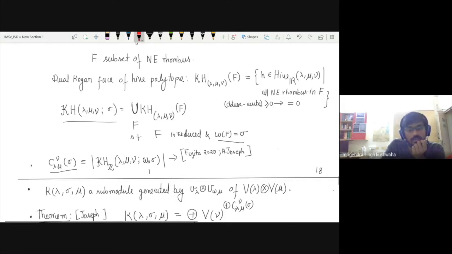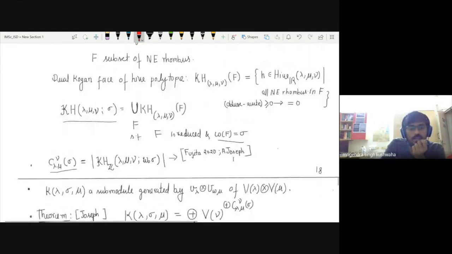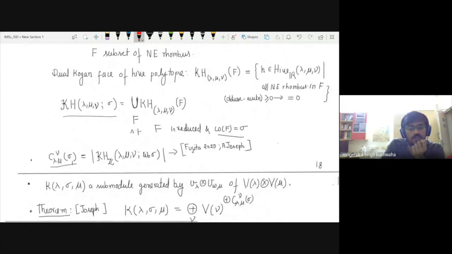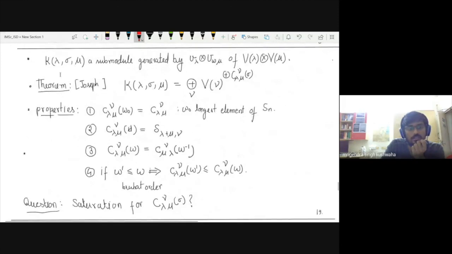And this is concluded by a result of Fujita and Joseph on the decomposition of a module. Like the Littlewood-Richardson coefficient, the refined Littlewood-Richardson coefficient also has a representation theoretic meaning. So I'll quickly say what that representation theoretic meaning is.